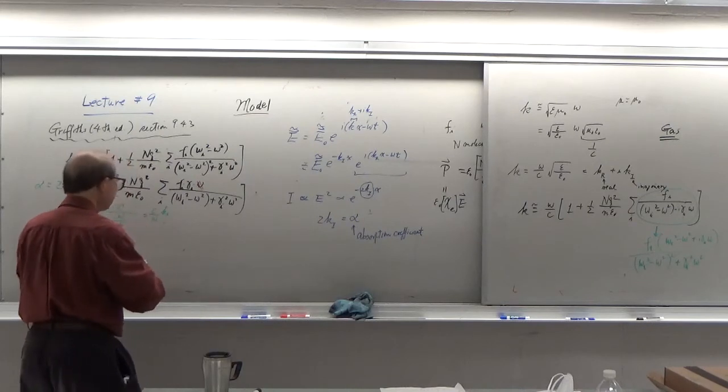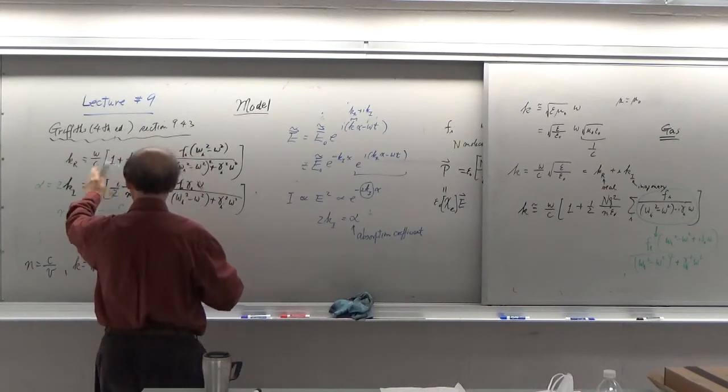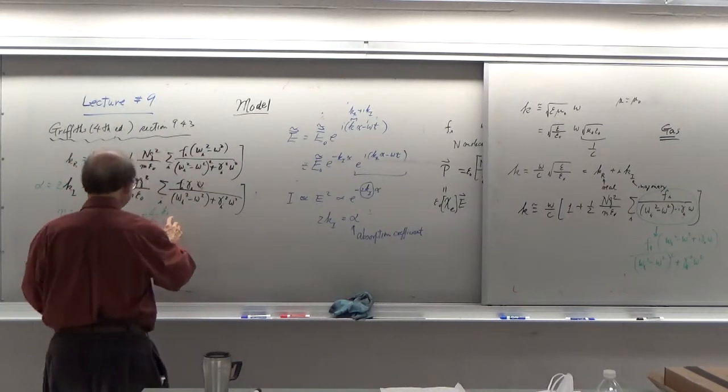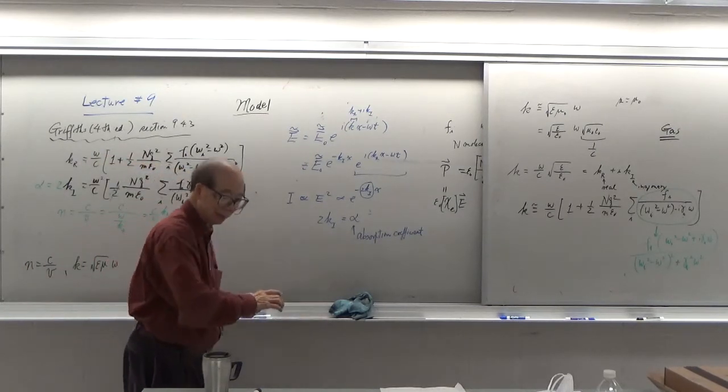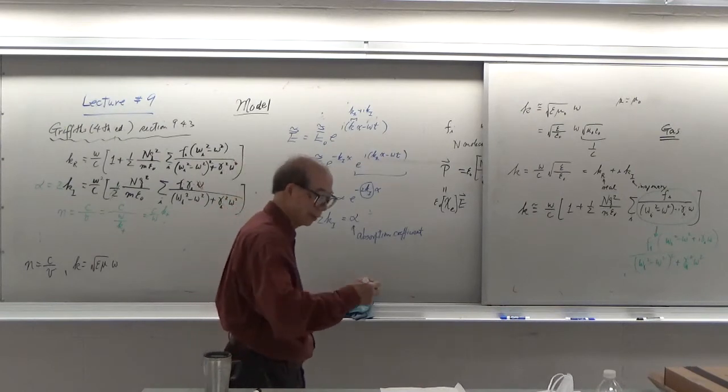So that the index of refraction would be really, oh, k sub r doesn't mean the real part. I'm so used to the notation k real as the real part.